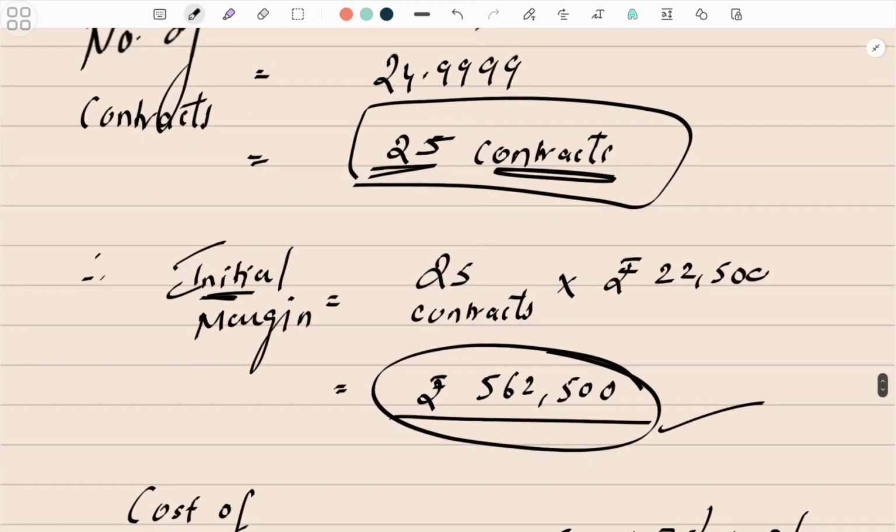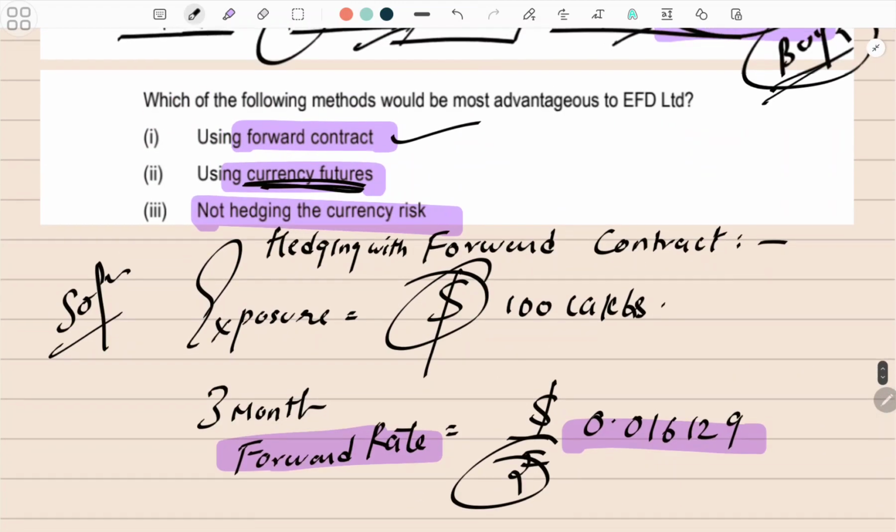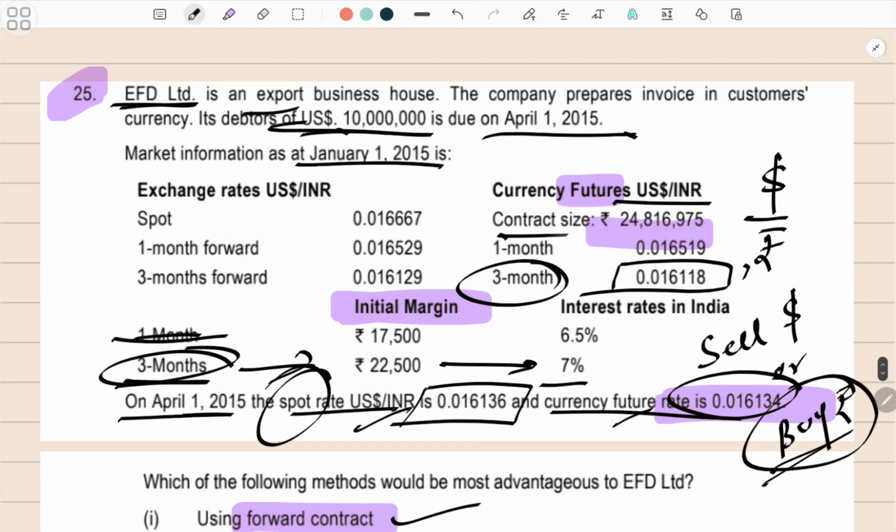The lot size, and the number of contracts, also you have to multiply, 25 contracts, because each contract size is this, and multiply that by the number of contracts that you've taken. So that would give you the total contract size. On that total contract size, your profit is the rate difference.